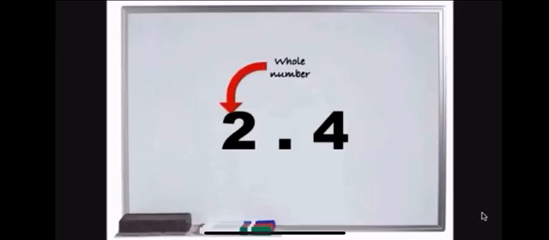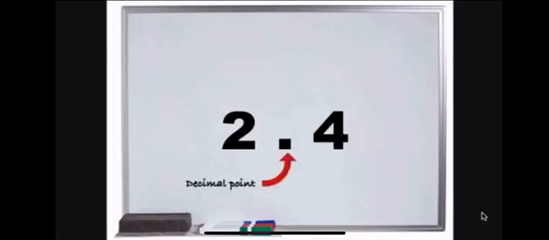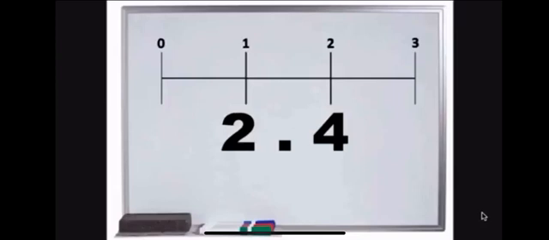We have 2 units. This is called a decimal point. And this is how many tenths we have. Tenths are a part of a whole number. Numbers after the decimal are similar to a fraction. They represent part of a number.